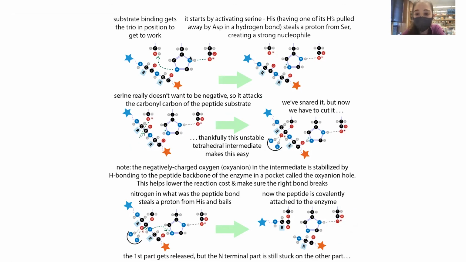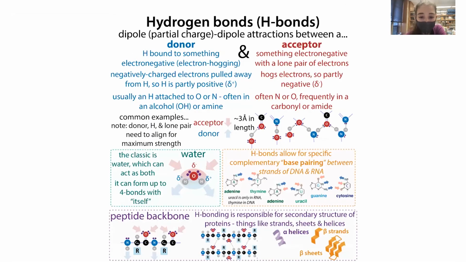And one of the reasons why you need a perfect arrangement is because this aspartate is going to be hydrogen bonding to this hydrogen of the histidine, making this histidine more basic and more willing to steal a proton. So a hydrogen bond, we talked more about these before, but this isn't a covalent bond. This isn't a bond that's holding together these atoms.